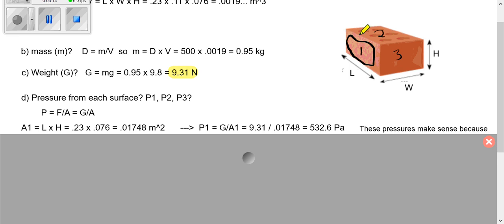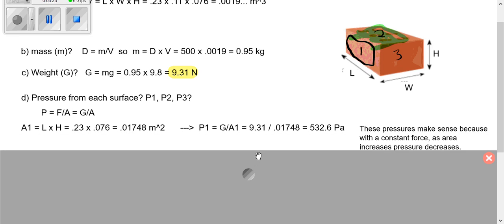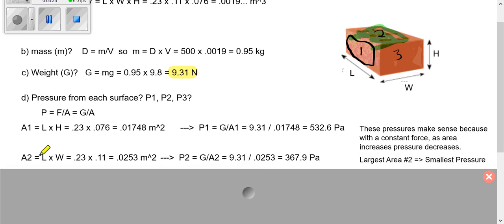Similar work for each of the other surfaces. If I wanted to figure out when I put this surface on the ground, which is also what it's looking like right now, I would try those dimensions: length times width for that side. I got this value here, which you can check in your calculator, and you divide the 9.31 by that new number, and you get 367.9 pascals.